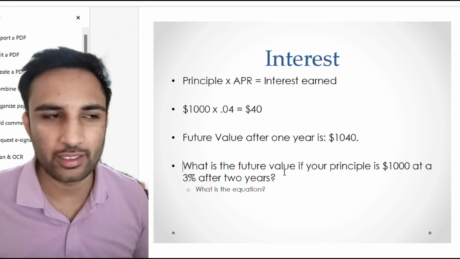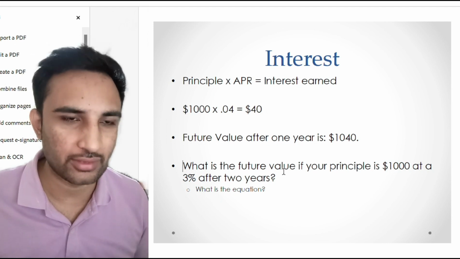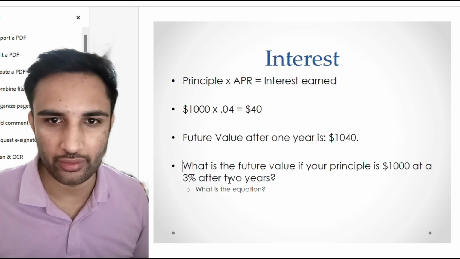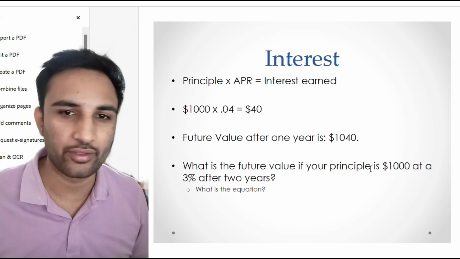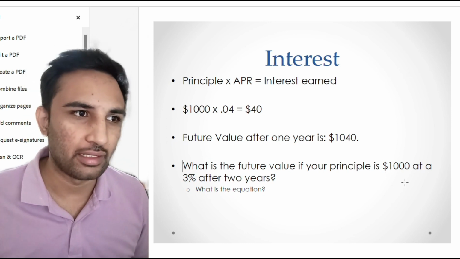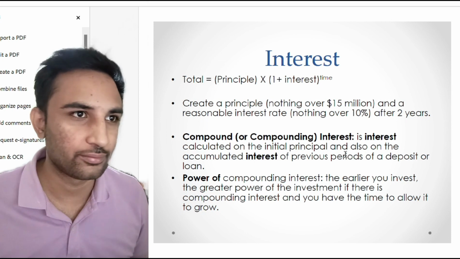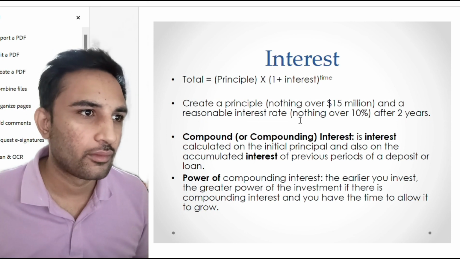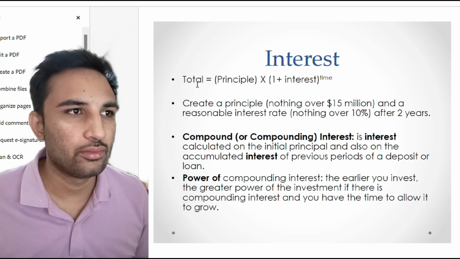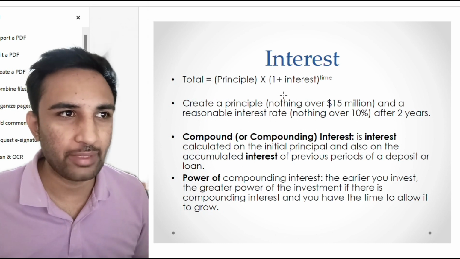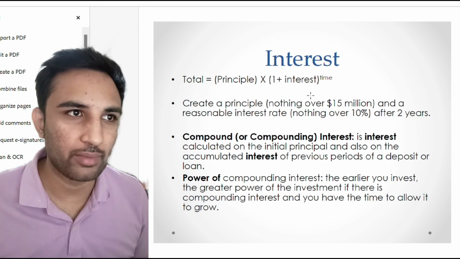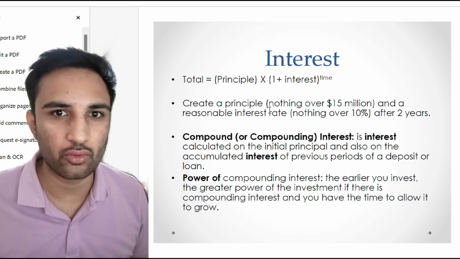That also depends on whether the interest is compound interest or simple interest. If it is simple interest, then it will be $1,060. The total is principal multiplied by 1 plus interest, to the power of time.